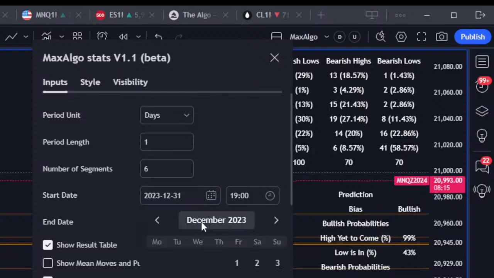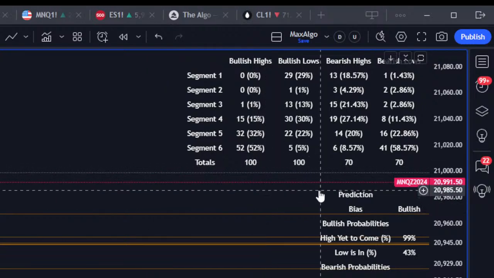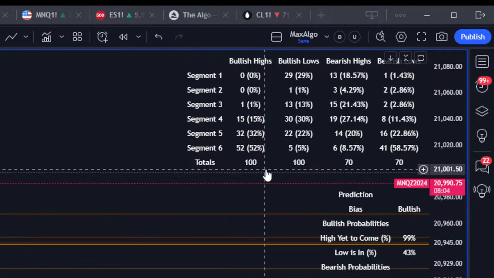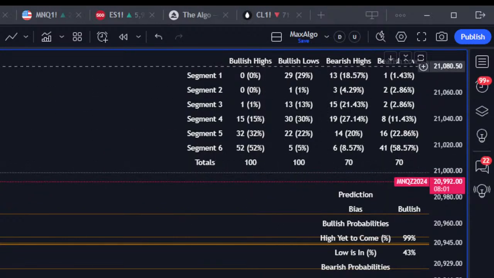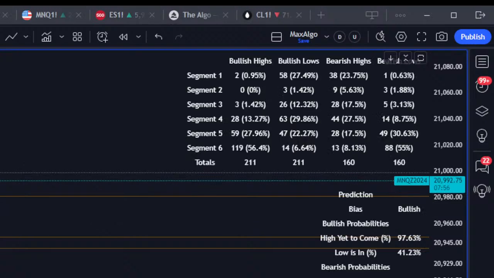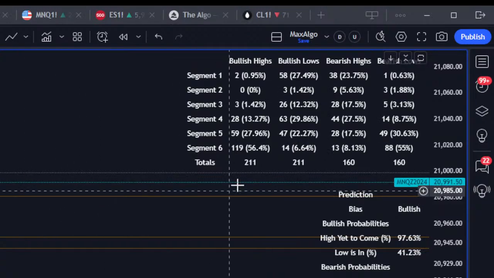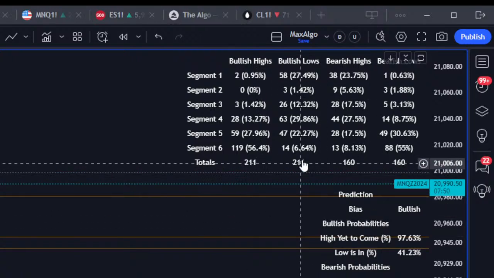And let's go back. Let's get as much data. Okay, so we've got 100 bullish days, 70 bearish days. Probably go up to 30 minutes. Just hide that for now. Okay, we've got 211 days, 160.